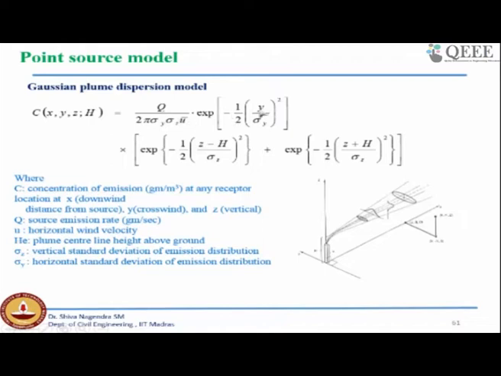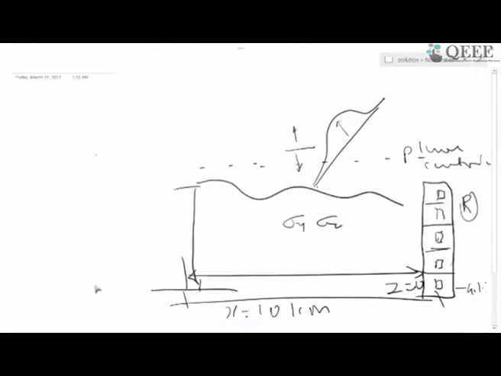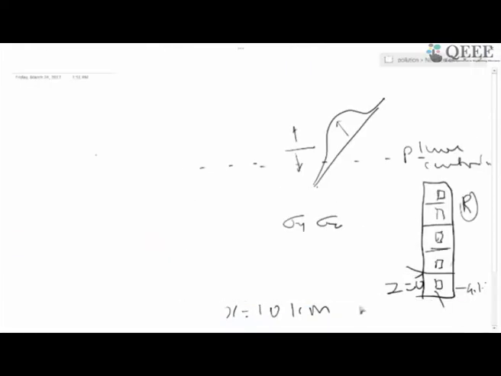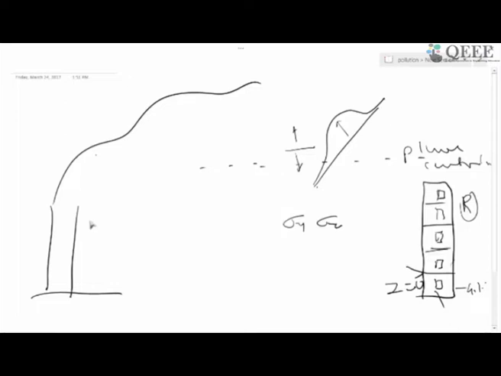U is the wind speed, and y is again y. So now there is an emission contributed.